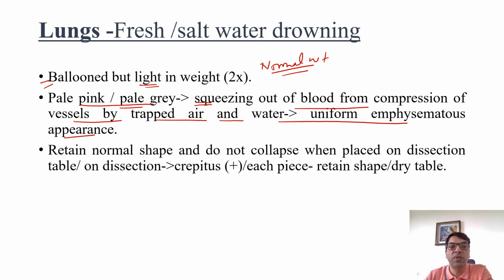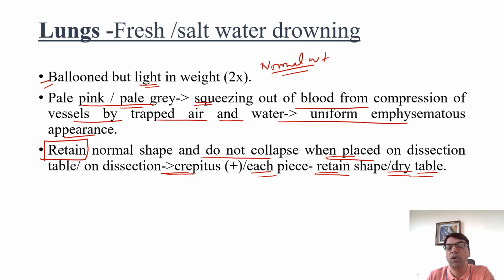The lungs in freshwater drowning retain their normal shape and do not collapse on the dissection table. We take out lungs from the chest cavity and place them on the dissection table, and they maintain their normal shape. And when we try to make pieces and press them, we hear a crepitus. We hear crepitus, and each piece retains the shape, and generally the table is kept dry.